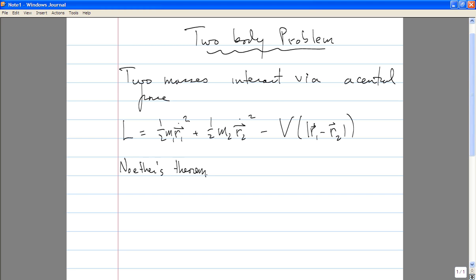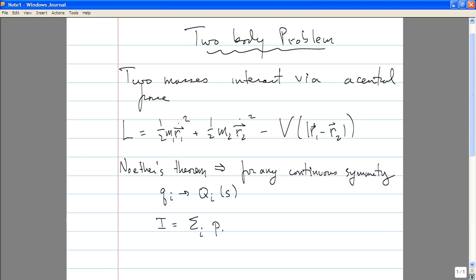So Noether's theorem implies that for any continuous symmetry, which is to say, for any transformation of the dynamical variables that I use to describe the system, say q_i to big Q_i, which will depend on s as well as on time and the little q_i's, I can define the Noether current, or the Noether charge, I, which is the sum over all of the degrees of freedom of the momentum, p_i, conjugate to a given degree of freedom, times dq_i by ds.